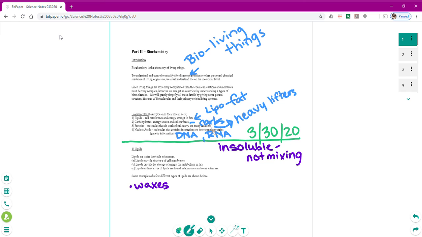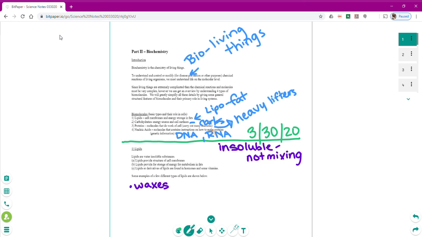That right there is a naturally occurring biological wax. It protects the leaves from drowning, basically, from having too much water input, and also from drying out, from losing too much water to the environment. So it really helps with that equilibrium in the leaf.